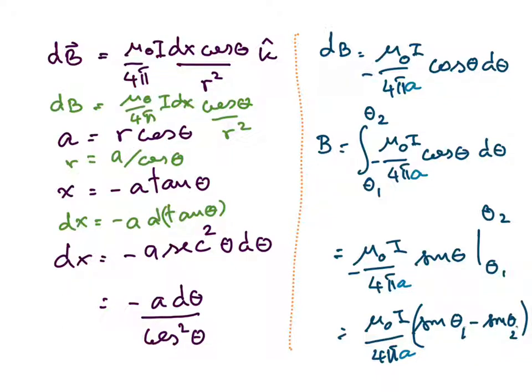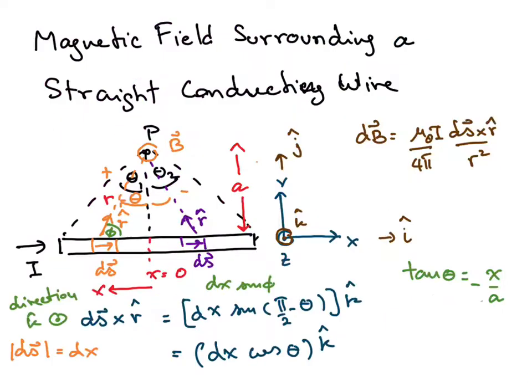What you have to do next is to sum up the magnetic field for every segment by doing the integral. Since we use the variable for the integration as theta, the limit of integration is the angle theta from the starting point, which is theta 1 here, and ending point, which is theta 2 here.